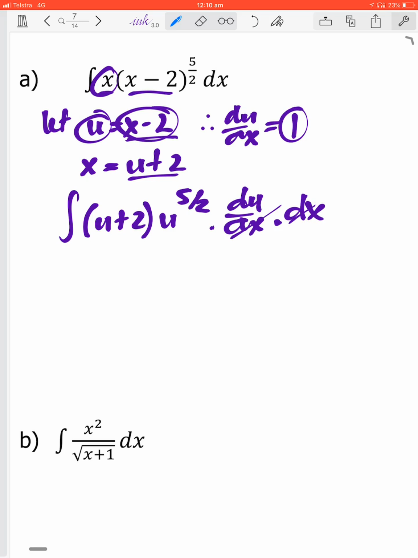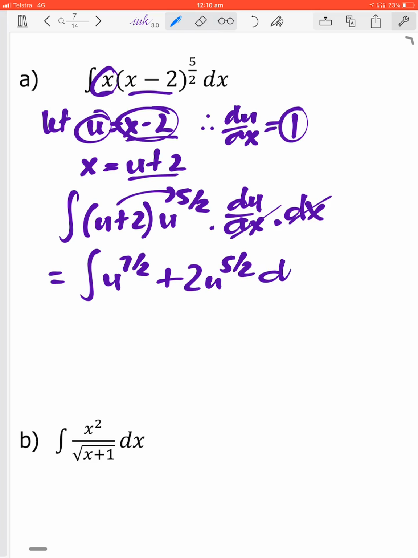Then we can cancel the x's. So we end up with u to the 7 on 2, plus 2u to the 5 on 2 du. When I add 1 to the power, I get 9 on 2.